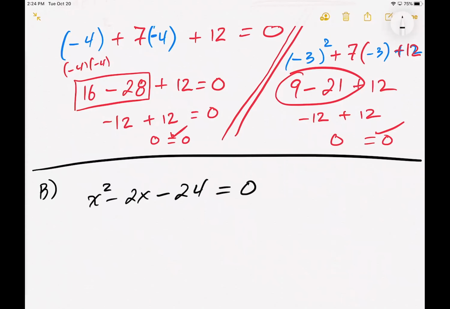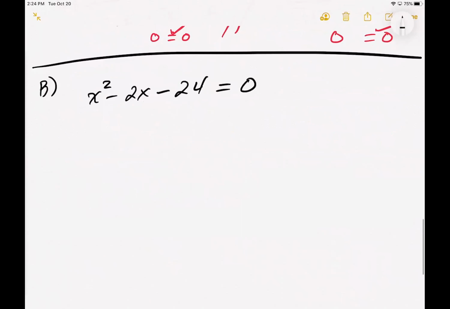The question I ask you is, pick me 2 numbers for x that when I plug them in here, I square that, I multiply by -2, and then I subtract 24, and that will give me 0.